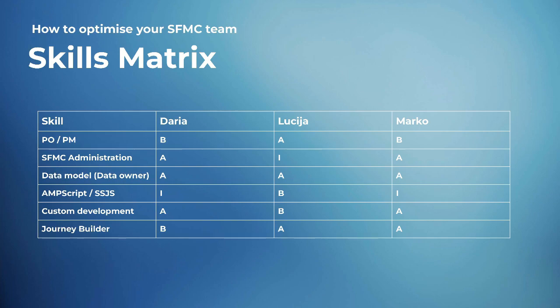This one lists only Marketing Cloud Engagement relevant skills, but what we would recommend is to list the relevant skills, list your team members, and then evaluate, in terms of basic, intermediate, advanced, who possesses what, where it makes sense to develop, and identify the gaps.